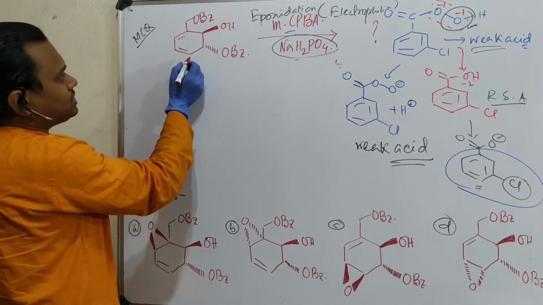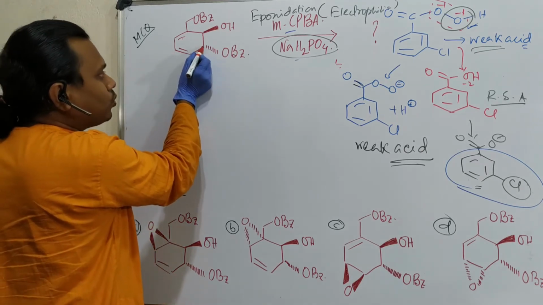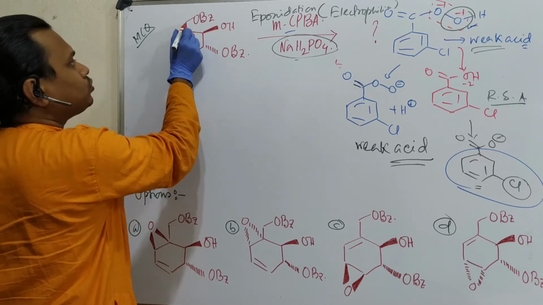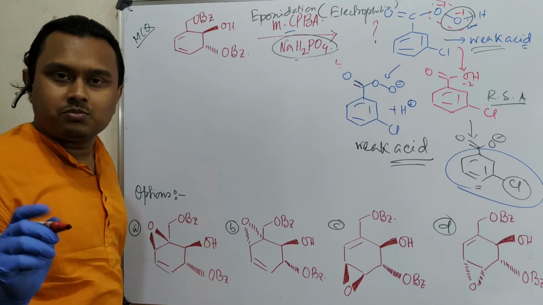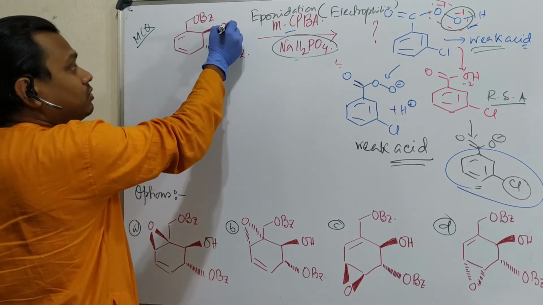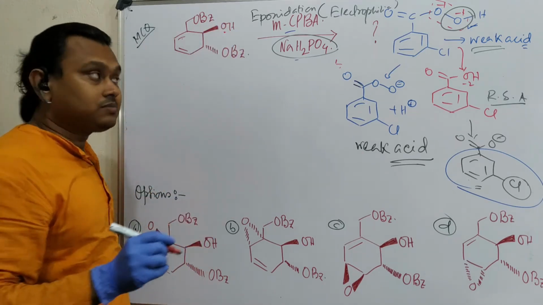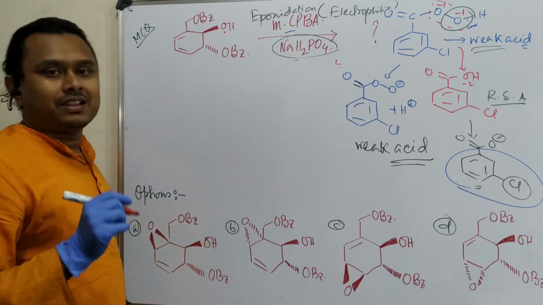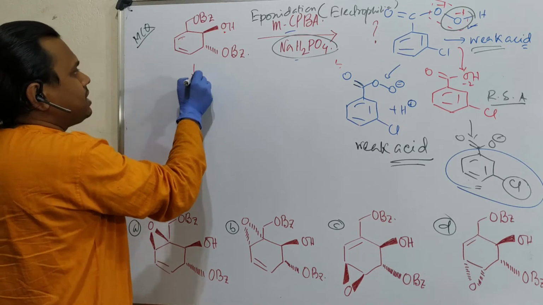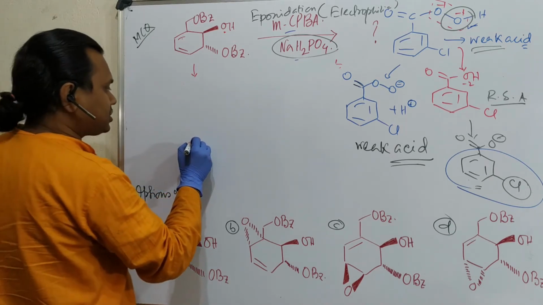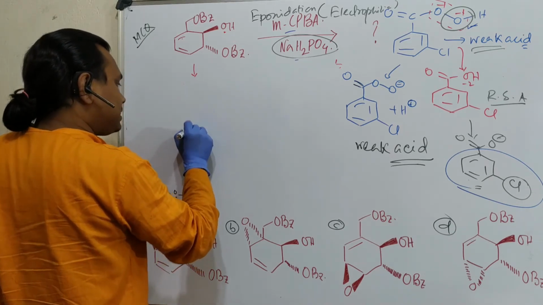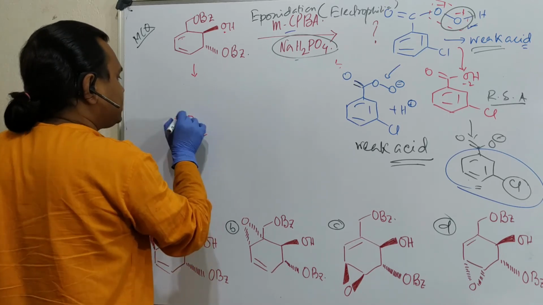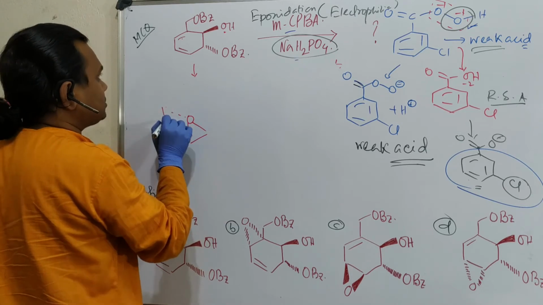Double bond 1 carbon after OBz is almost similar in both cases, but there is one OH, that is the uniqueness. In this case, there is another interaction. If I represent that interaction, this is the oxygen. Better to draw it with respect to the transition state.